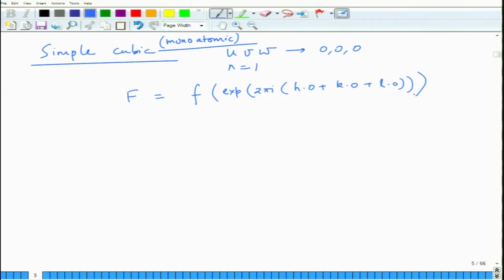So you can't get any condition here, which means this factor is equal to 1. So F is equal to f, which means there is no dependence on the position of atoms. As a result, all HKL are permissible.